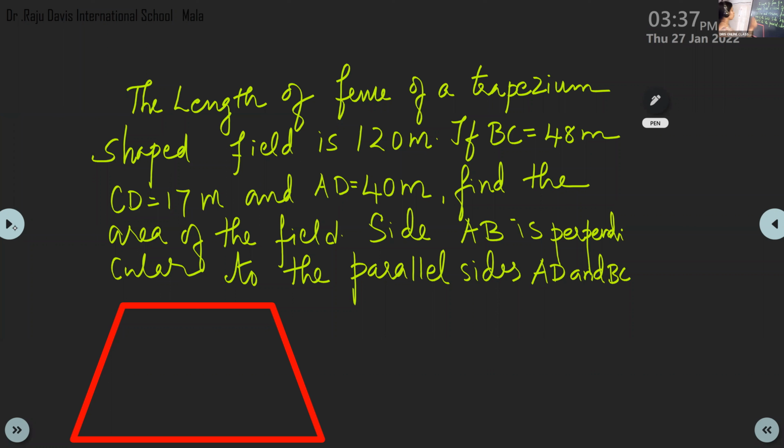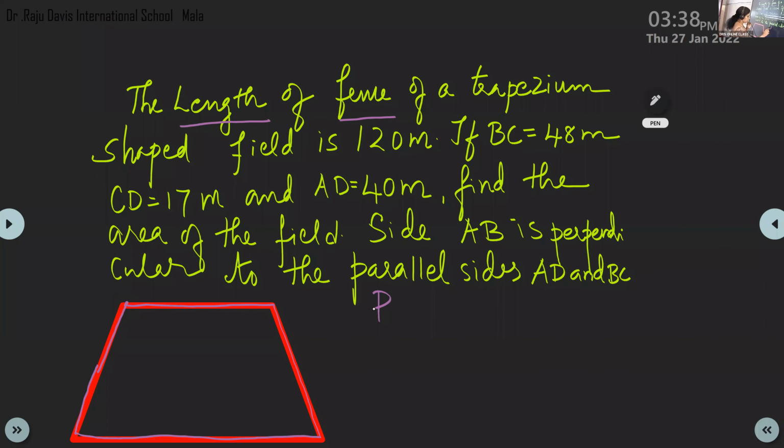Its length of the fence. What do you mean by the fence of a trapezium? Fence means the perimeter. Perimeter of the trapezium. Very good. Fence means this plus this plus this plus this, isn't it? That is the perimeter of the trapezium.